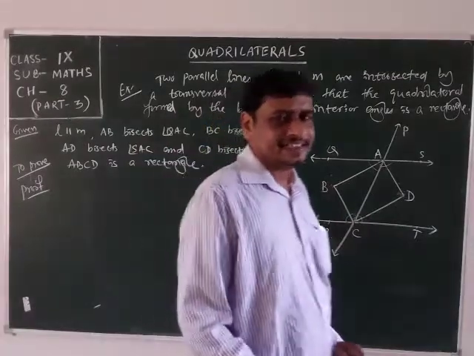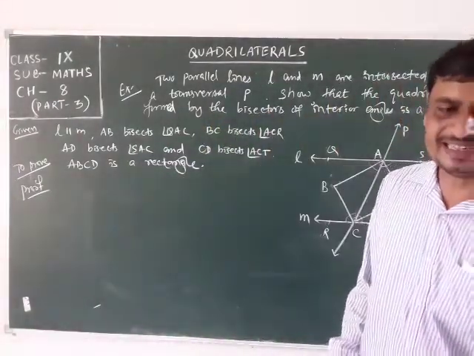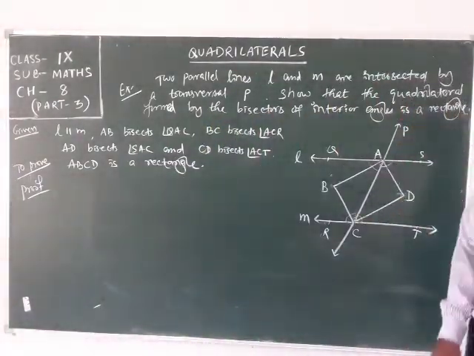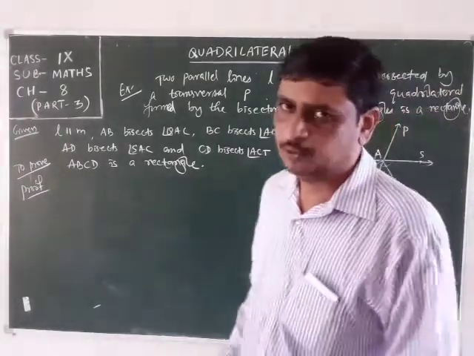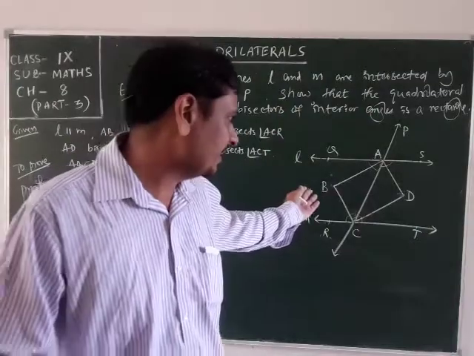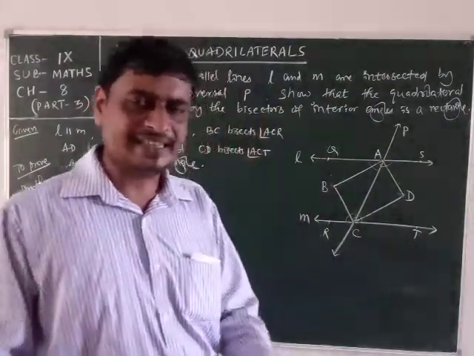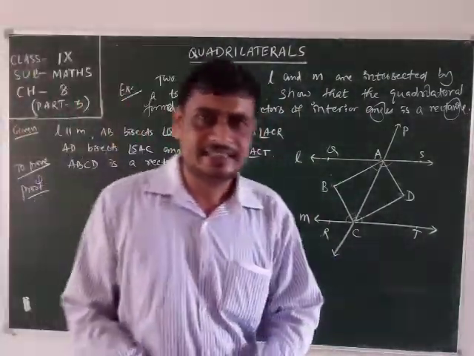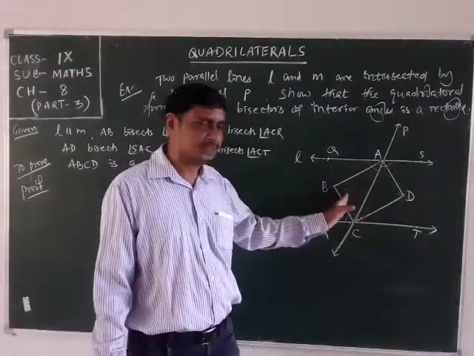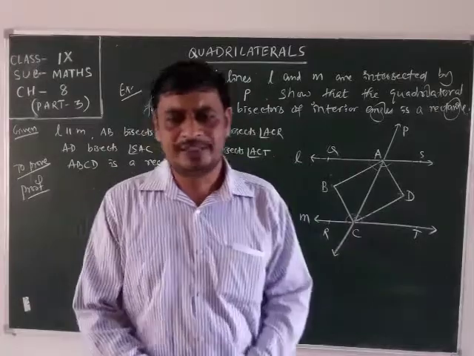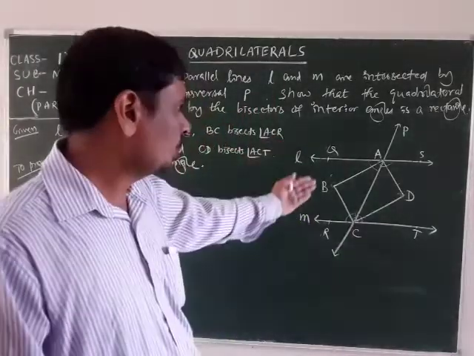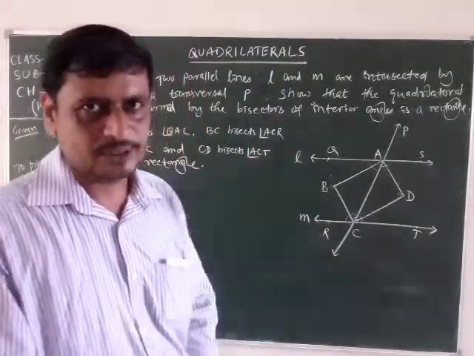To show ABCD is a rectangle, first we have to show ABCD is a parallelogram. After getting a parallelogram, we have to show that one of the interior angles of this parallelogram is 90 degrees. When one of the angles is 90 degrees, we can directly say ABCD is a rectangle. So first we have to show ABCD is a parallelogram.